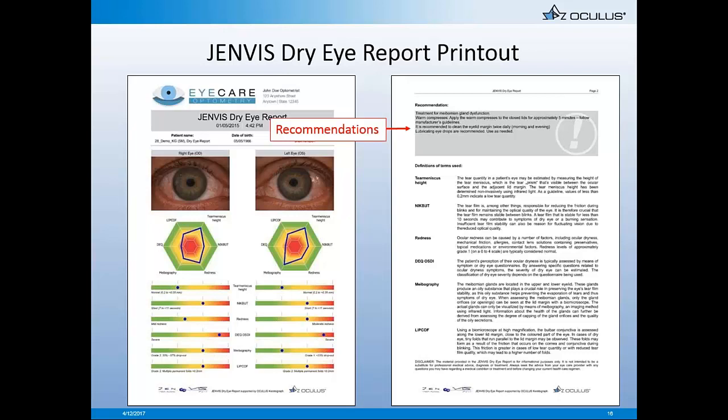They're very interested. If their non-invasive tear breakup time was 4 seconds, they're very interested in what it is on the return. So oftentimes you'll see your printouts come back, and I think that's, again, very important from a compliance standpoint.